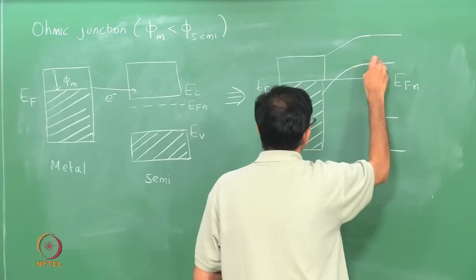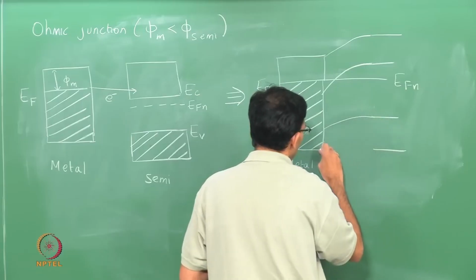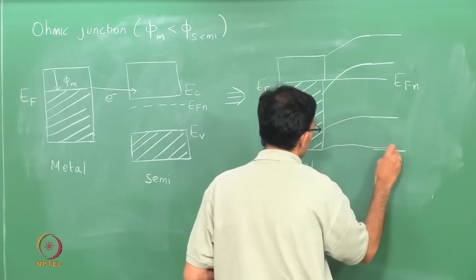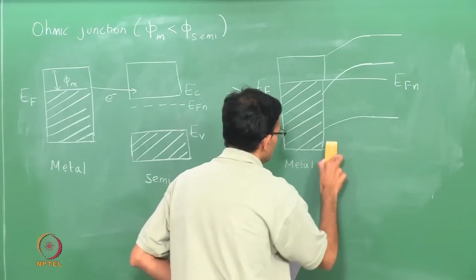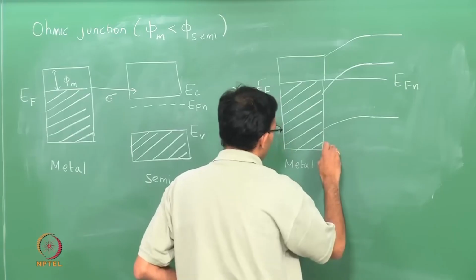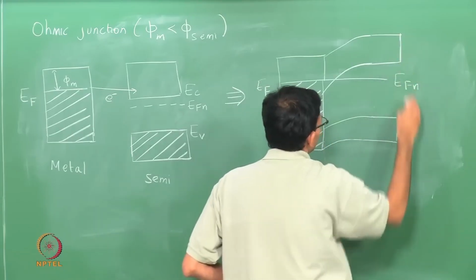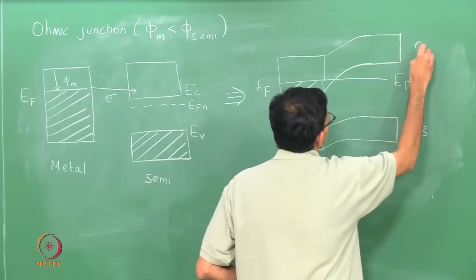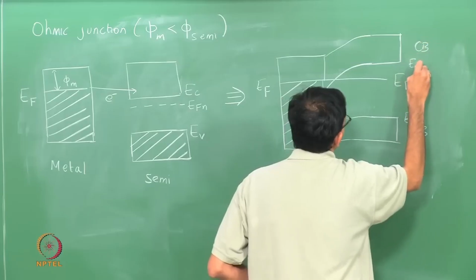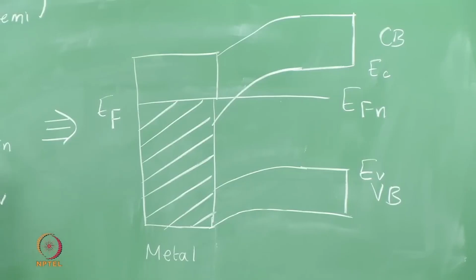So now the bands will bend the other way because the electric field is in the opposite direction. We just redraw this portion to show the band bending. So this is your valence band with EV, this is your conduction band with EC. So now you have bands that bend down because the electric field goes in the other way.